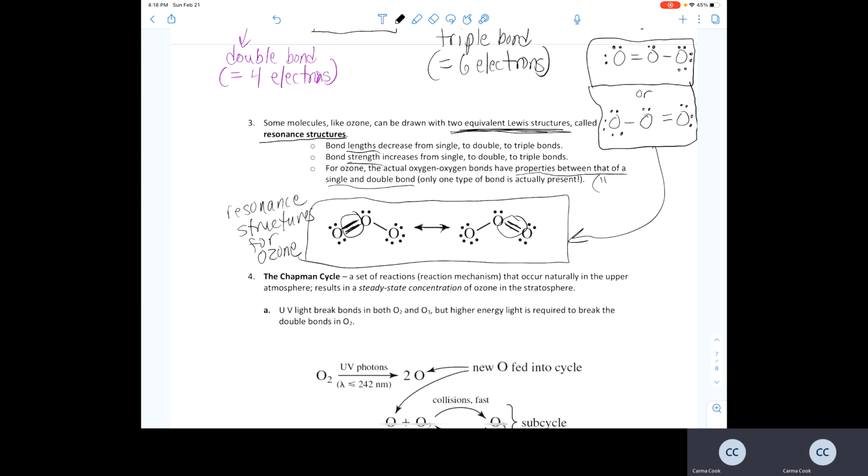And so it's often called a hybrid bond, which is called a 1.5 bond, 1.5 being midway between 1 and 2. So midway between a single and a double bond.